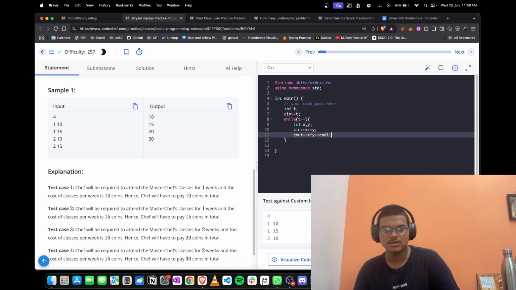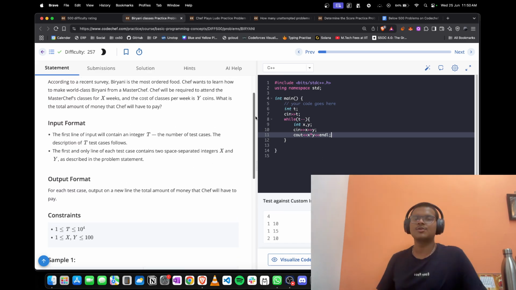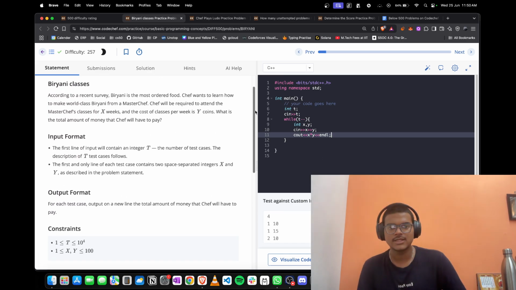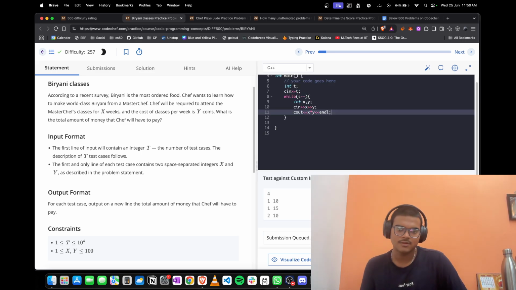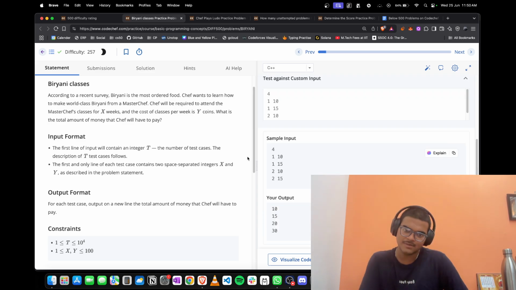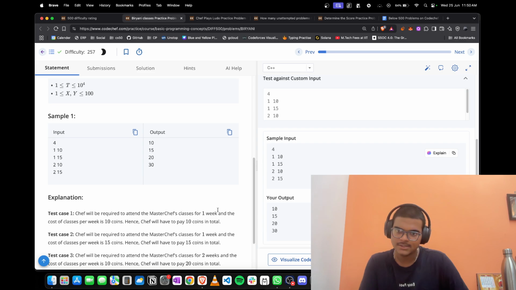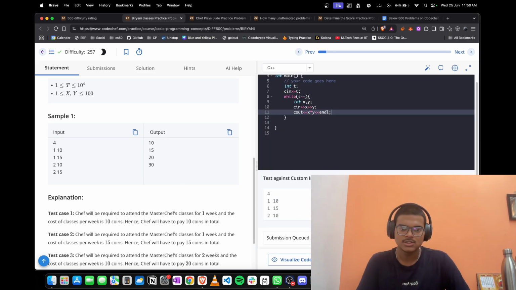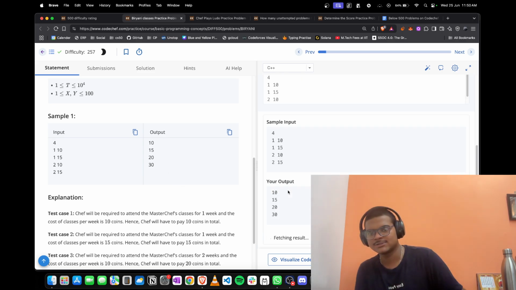We have to calculate the total amount of cost he would pay, so we will calculate it by number of weeks multiplied by the amount required for 1 week. I think this will give the answer. Cool, this problem is also solved.